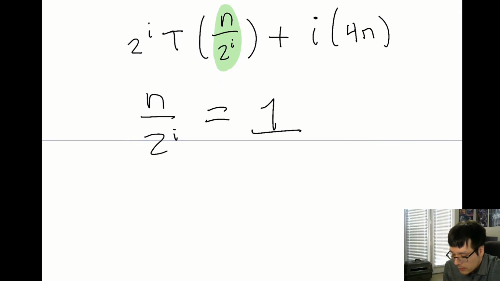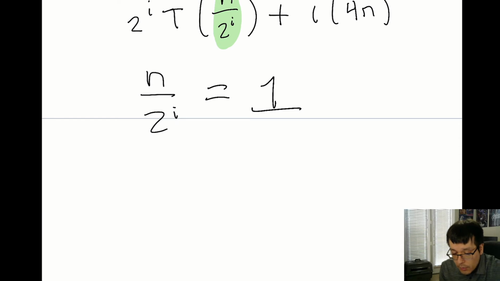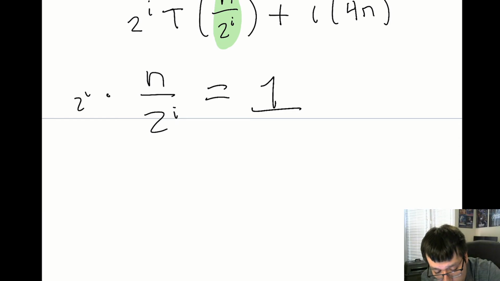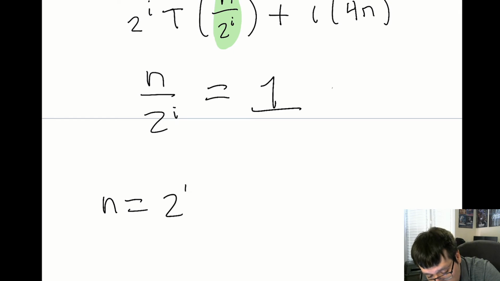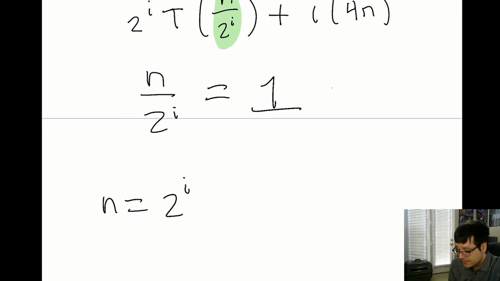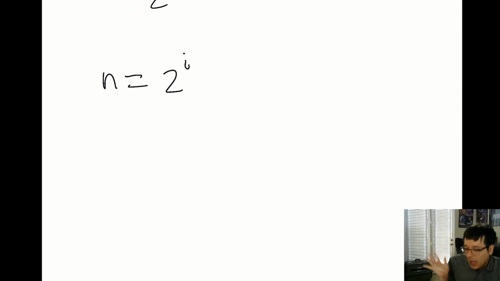Okay, cool. So we can multiply both sides by 2^i, just so that we can get the 2^i out of there. If we multiply both sides by 2^i, we get n is equal to 1 times 2^i, so just n = 2^i. And then we pull out our logarithms, right? Because what does this really mean?